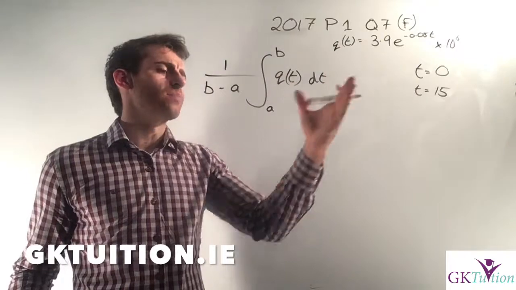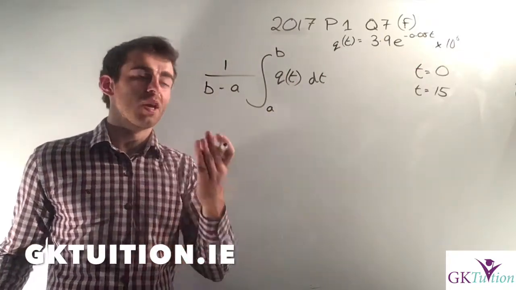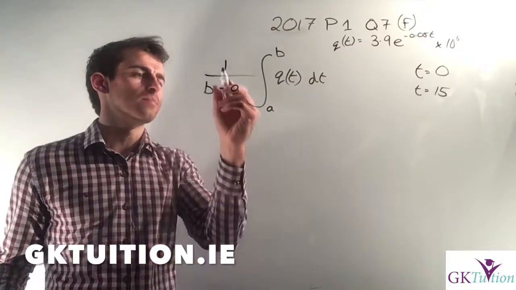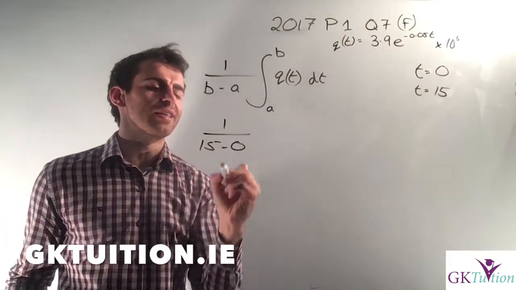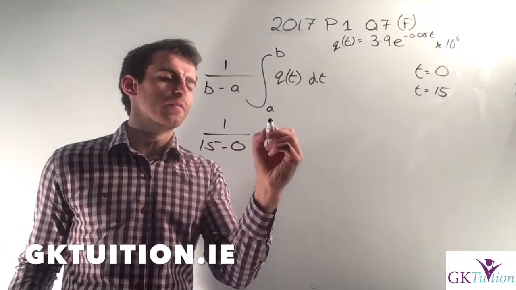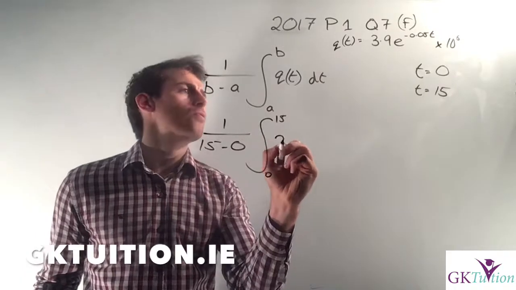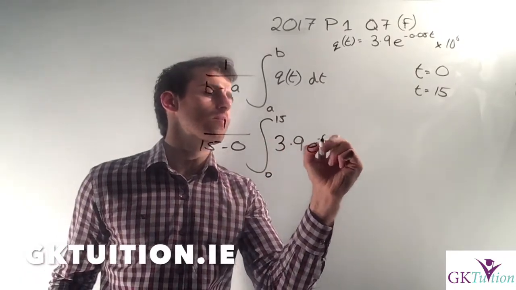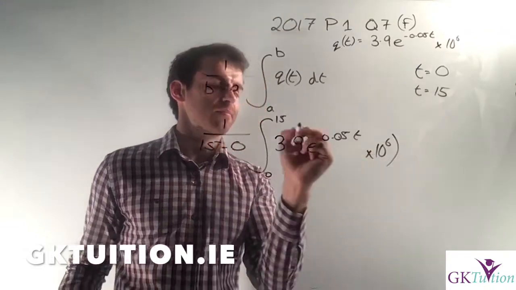So clearly in this case, my lower limit is going to be 0, my upper limit is going to be 15. So I can just sub in and integrate this. So 1 over b is equal to 15 while a is 0. So it's 1 over 15 times the integral from 15 to 0 of 3.9 times e to the minus 0.05t by 10 to the power 6.